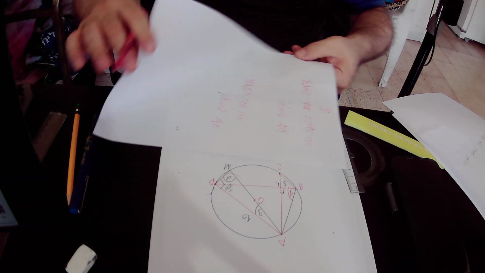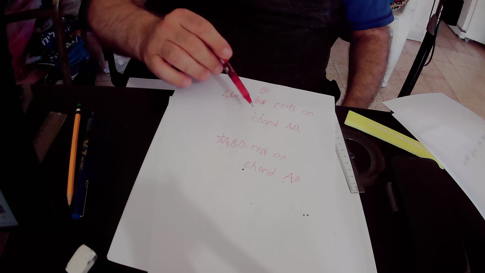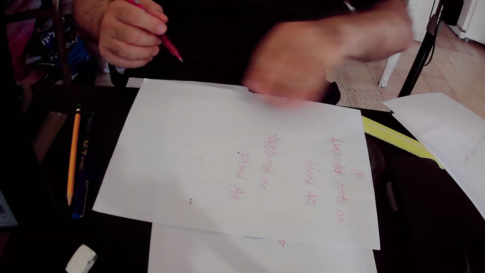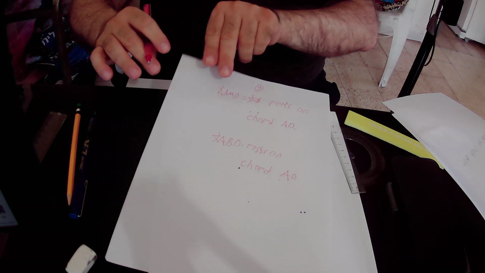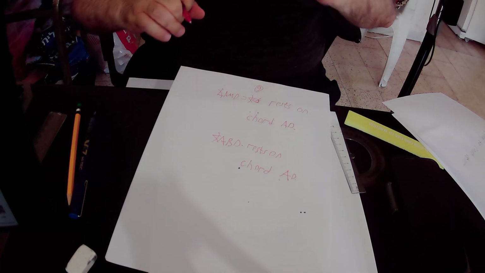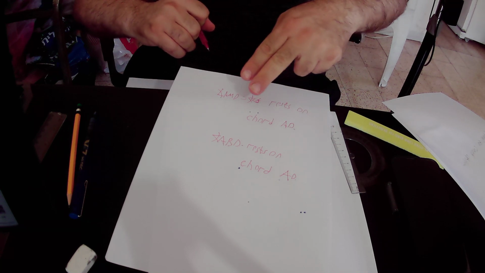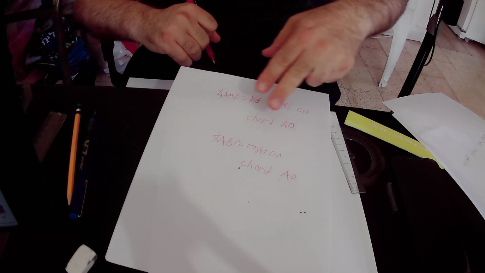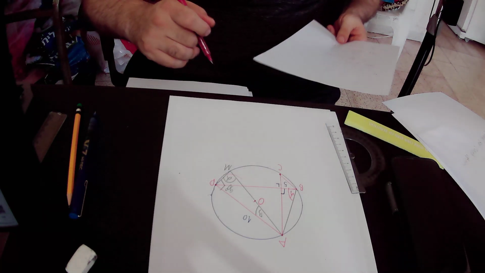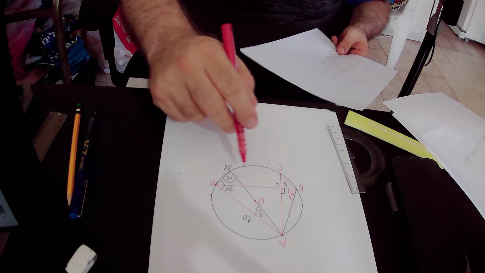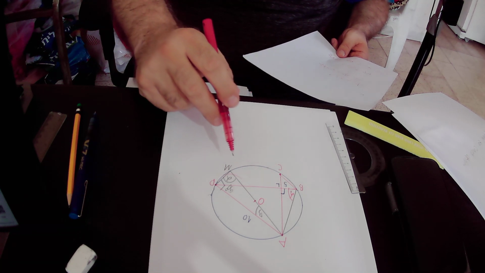So angle ABD rests on chord AD. For that reason, those two angles are equal to each other according to rule number 2.